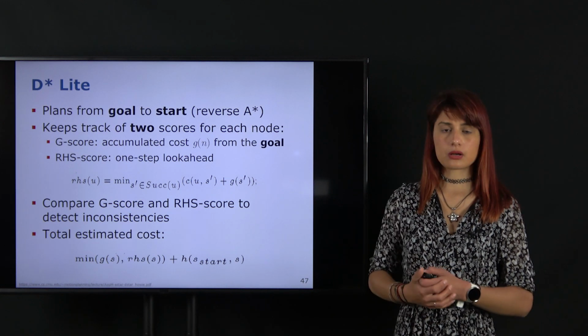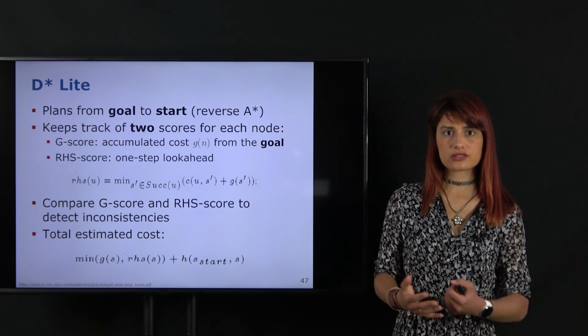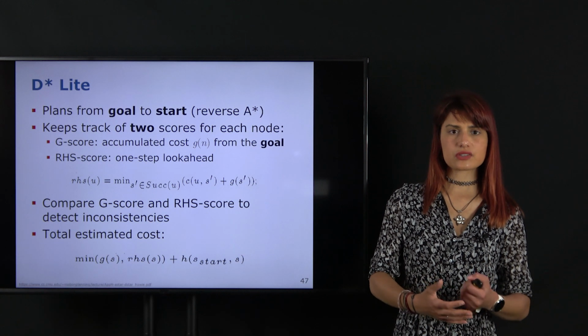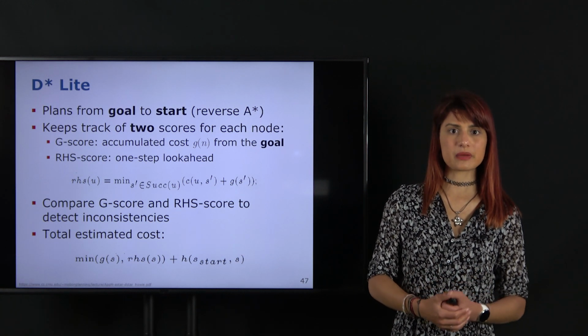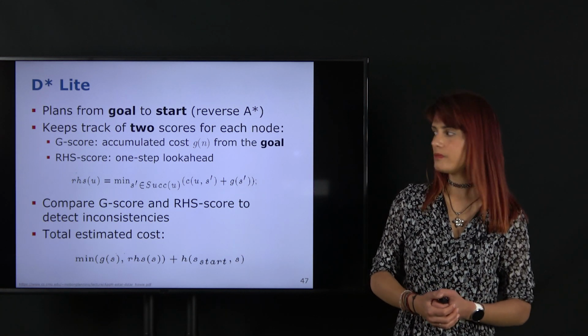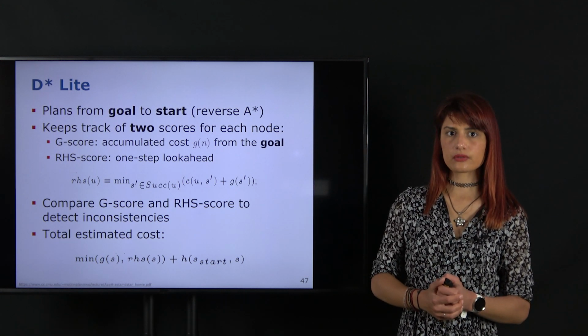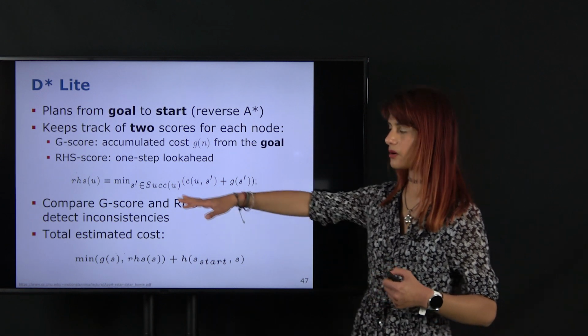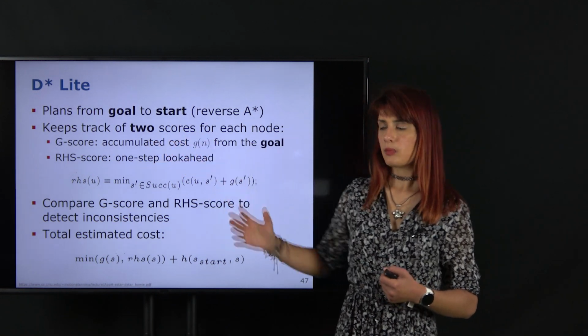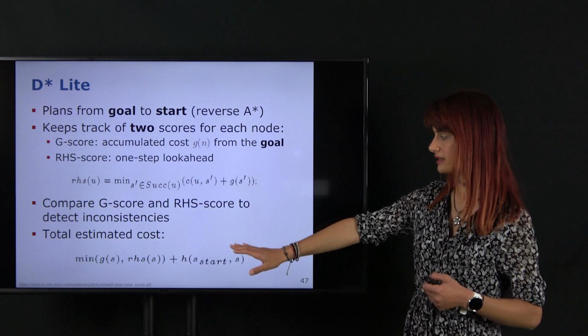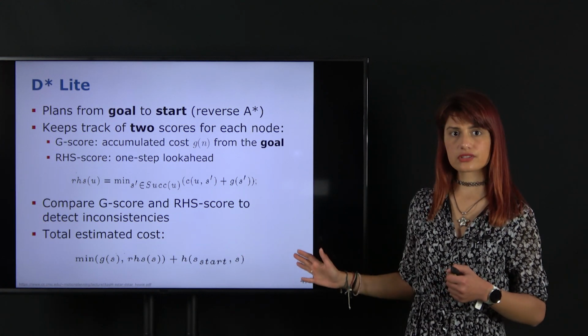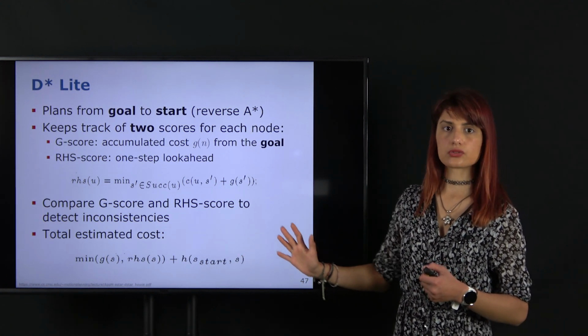This way, by comparing the RHS score to the G-score, we can detect inconsistencies and replan incrementally as necessary. The total estimated cost in this algorithm will be given by the minimum of these 2 scores, plus a heuristic value that is, again, in the reverse direction from the current node to the start.